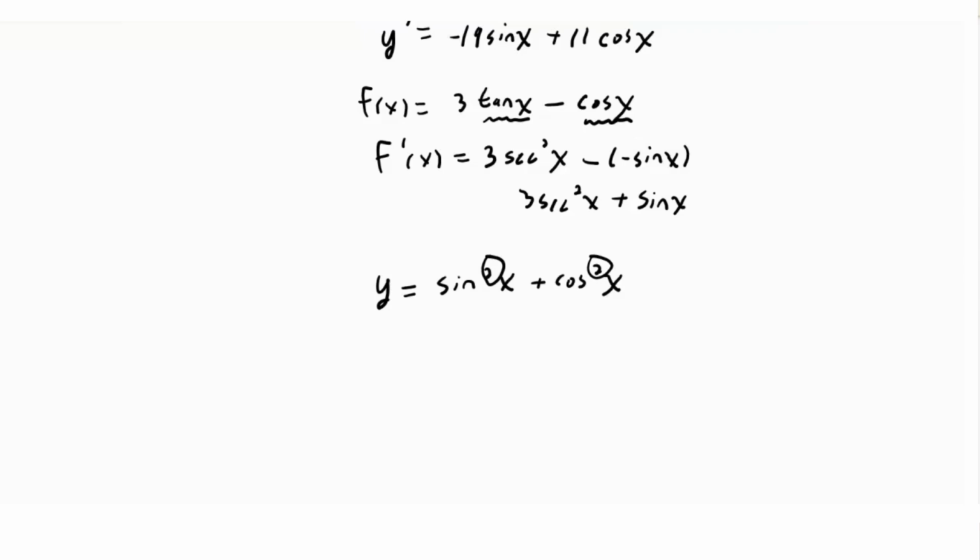You can always use your trig identities to simplify things. We remember from trig that secant squared x plus cosine squared x equals 1 from the Pythagorean identities. So this problem is the same as y equals 1, so y prime would actually be the derivative of a constant, which is 0.